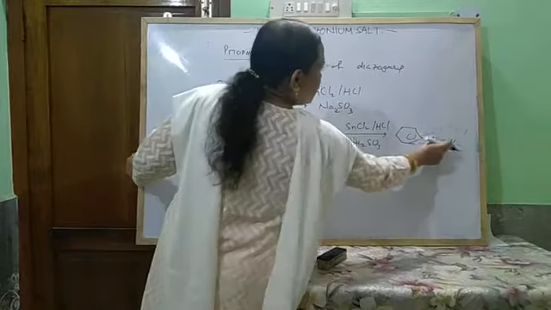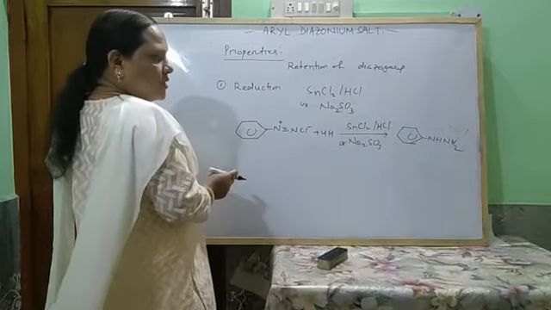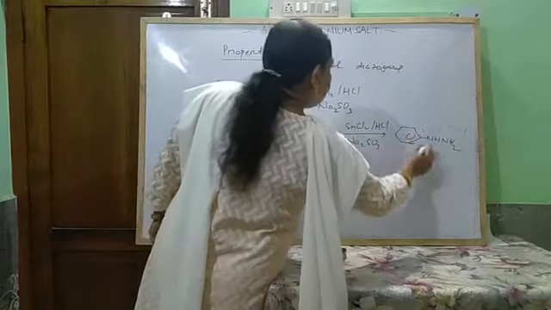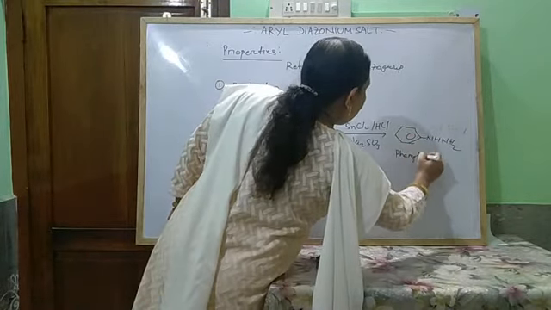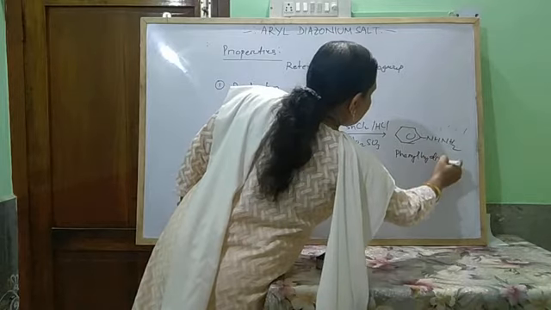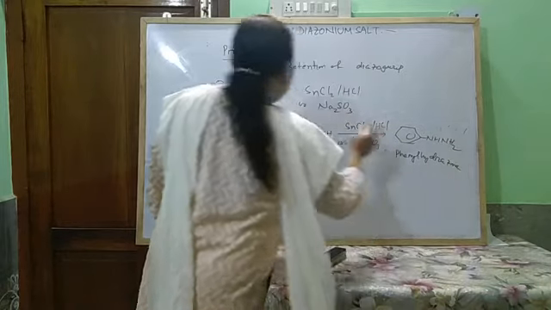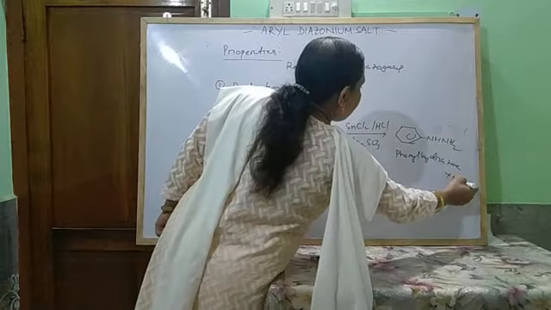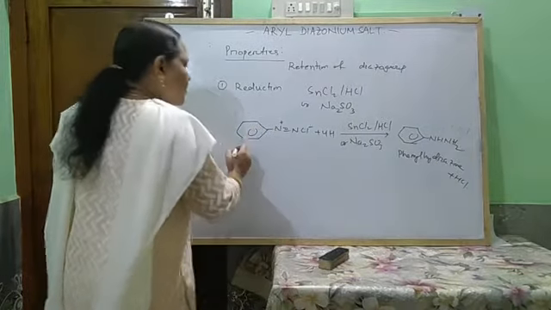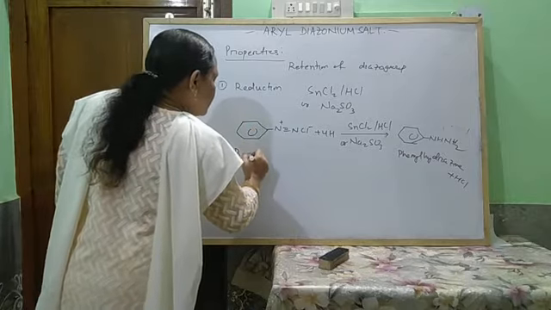So this azo group is retained, nitrogen is retained. It forms phenyl hydrazine. So plus HCl. So it undergoes this with benzene diazonium chloride.